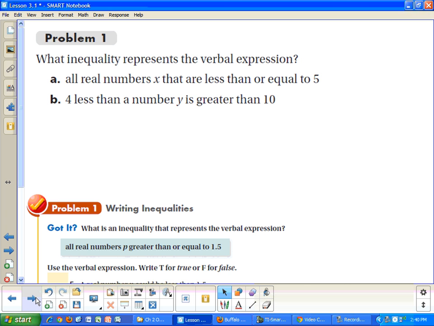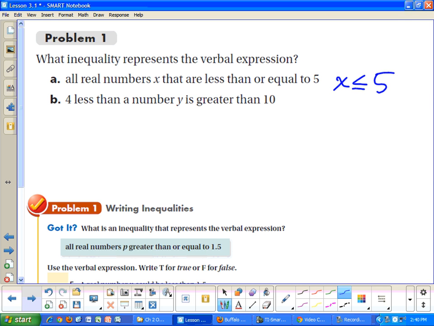All right, for problem 1, we are going to represent this phrase with an inequality. It says all real numbers x that are less than or equal to 5. So that means x is less than or equal to 5.